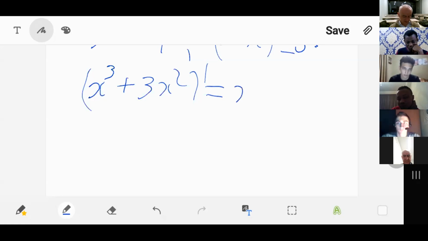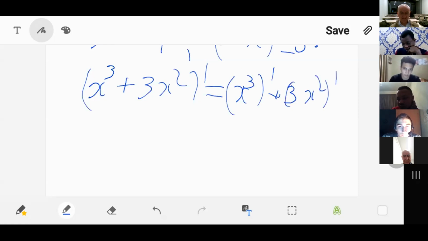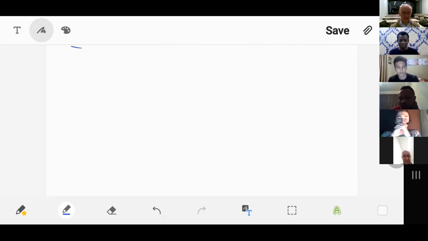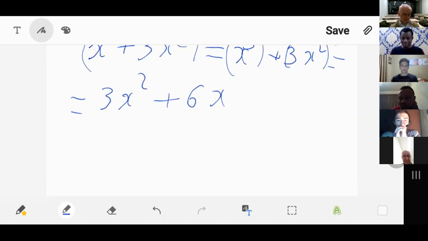So we have the derivative of x cubed plus 3 times the derivative of x squared. The derivative of x cubed is 3 times x squared, and the derivative of 3x squared is 6 times x. Very good, everything is okay.